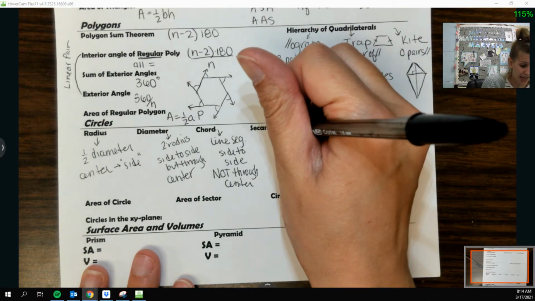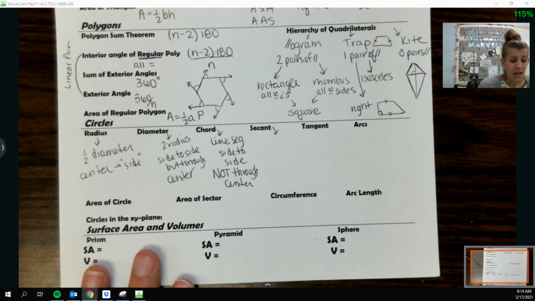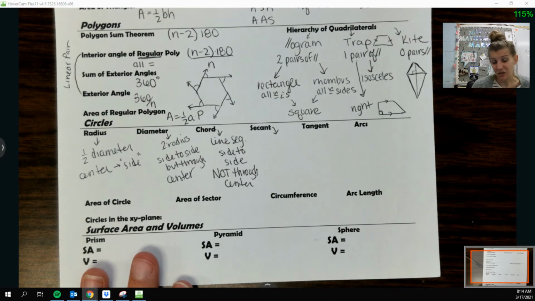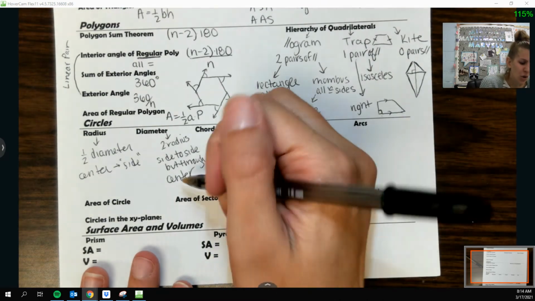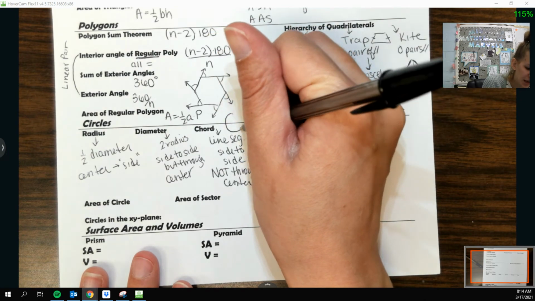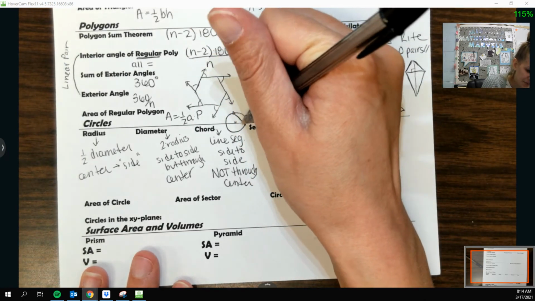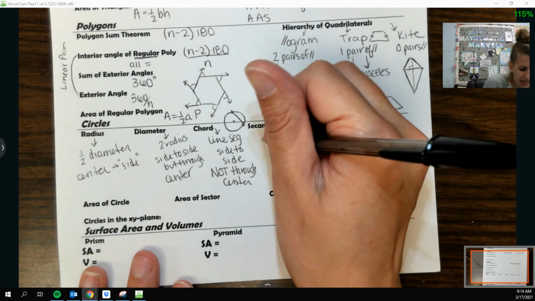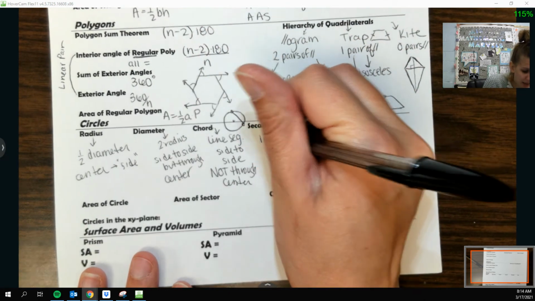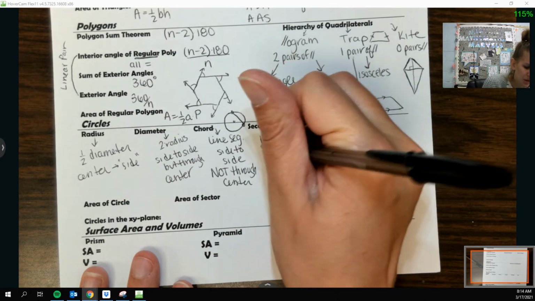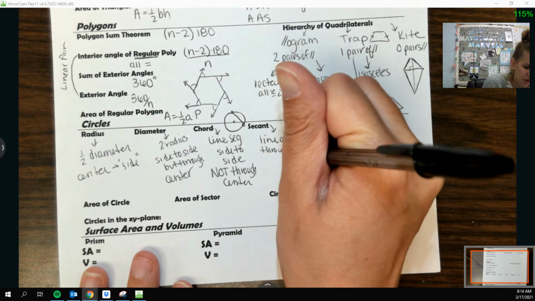A secant is a line that goes through the edges of the circle, through the sides. So a chord would look something like, okay, I have a circle, here's my center, side to side. A secant is a line going through the circle.